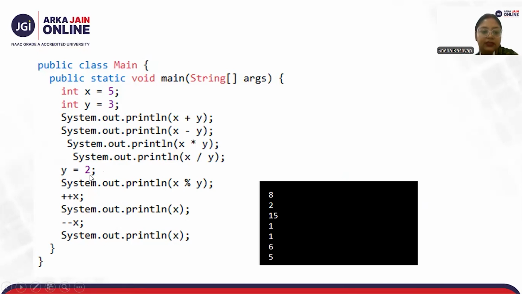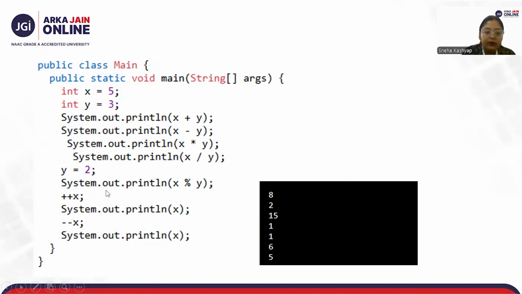Since I have updated the value from 3 to 2, my new y value will become 2. So next, I give the system the command x mod y. Now this modulus will only print the remainder. So upon dividing 5 by 2, 2 twos are 4, the remainder is 1, right? So we will get the mod value as 1.